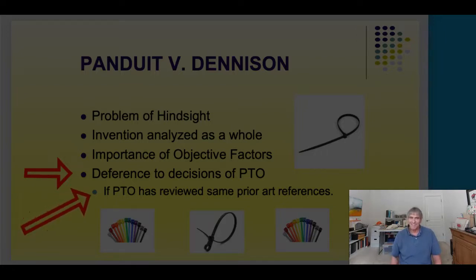However, consider how things might be different if Dennison had uncovered evidence of prior art that the patent examiner had not seen. Essentially, Dennison would now be saying, "Look, Judge, I respect the patent examiner, but here's stuff he didn't review.